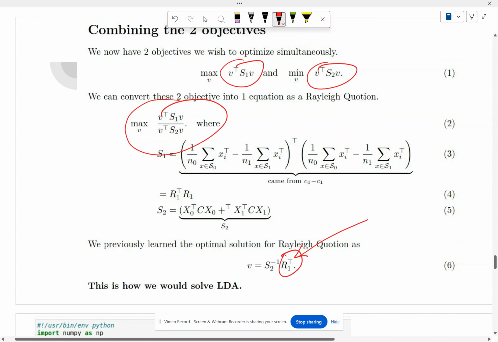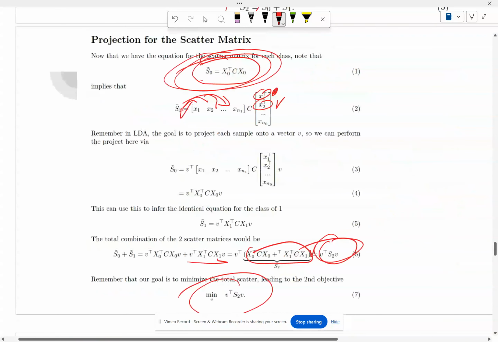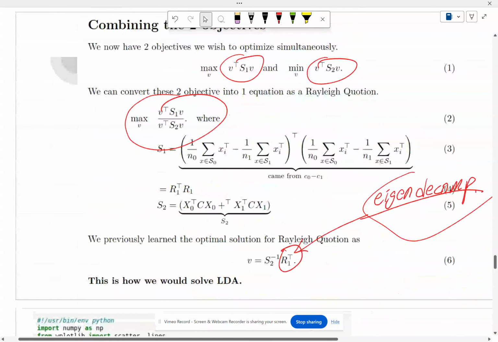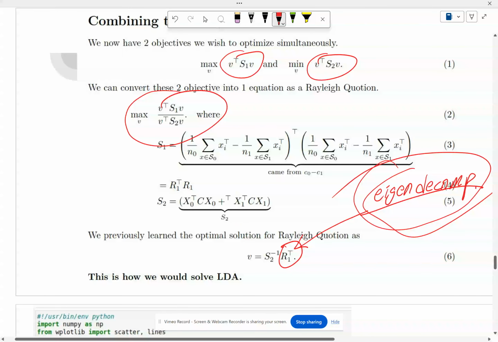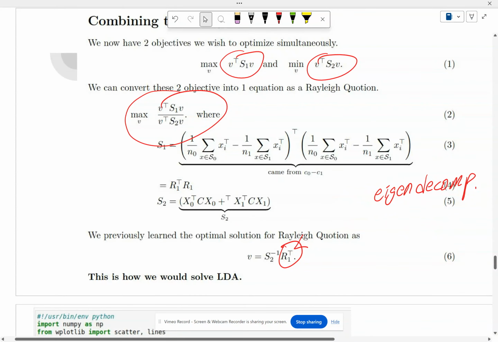You would use eigendecomposition. I keep coming back to eigendecomposition, and you will run into this over and over again if you want to be in machine learning. So the earlier you get good at eigendecomposition, the better if you want to stay in this field.